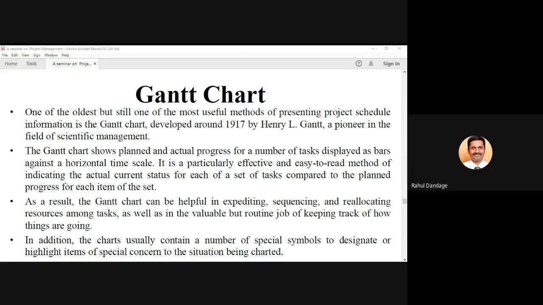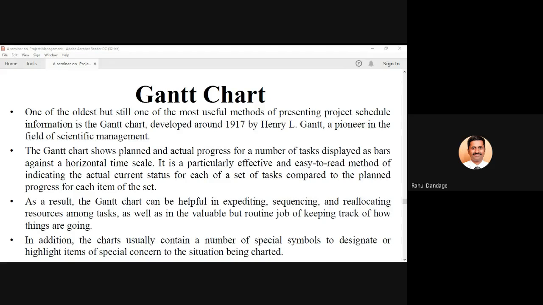So if you refer to the time scale on the horizontal axis, and visualize the Gantt chart at a particular time, you can see the present status of your project: where you are on the time scale, what activities have been finished, what activities are in progress, and what activities are coming up in future.